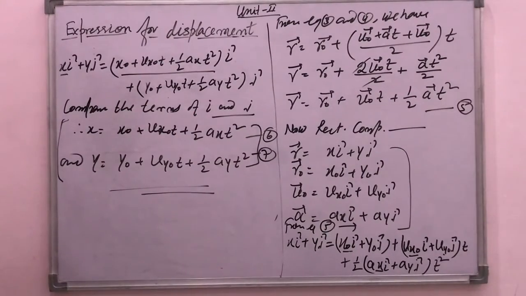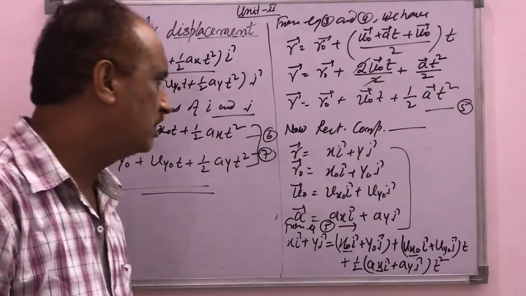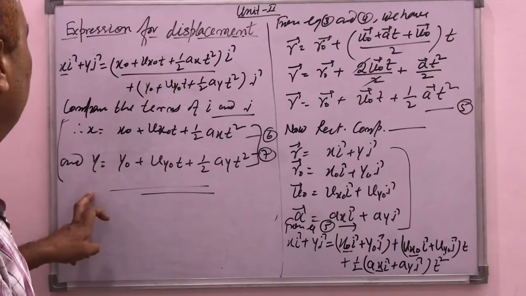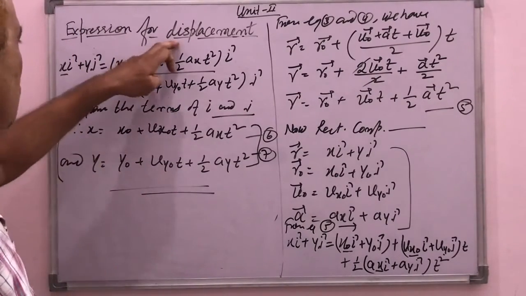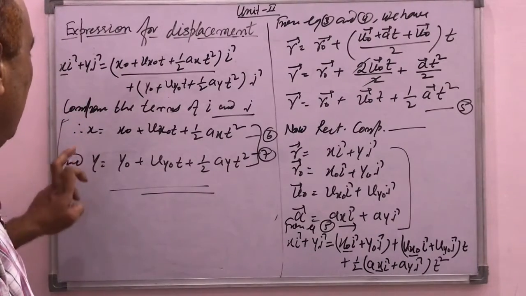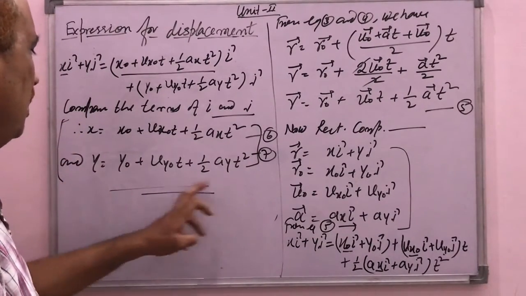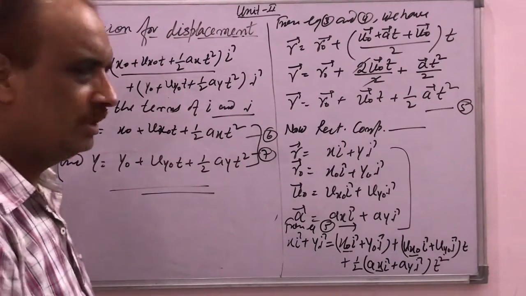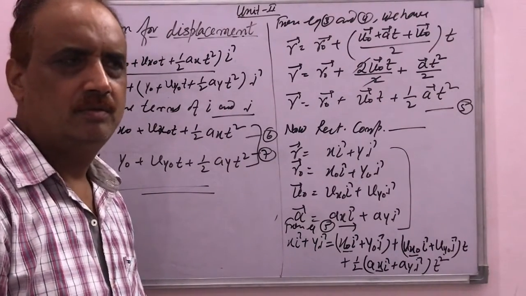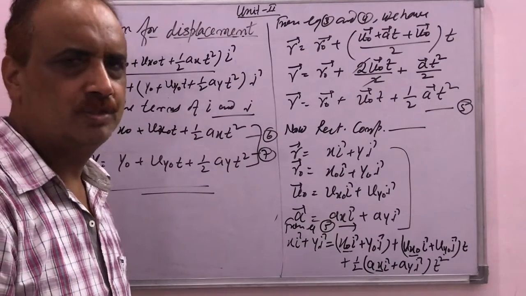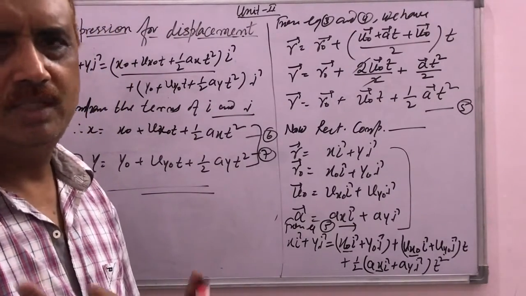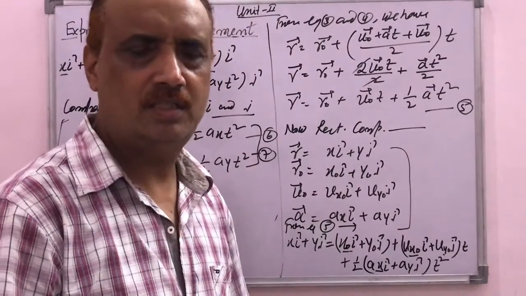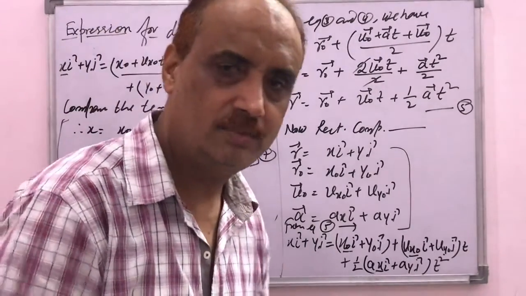So I hope you understand the expressions for the displacement along the x-axis and along the y-axis. These equations will be used in the next article to explain projectile motion. Okay, thank you.